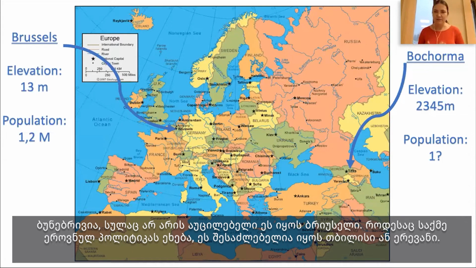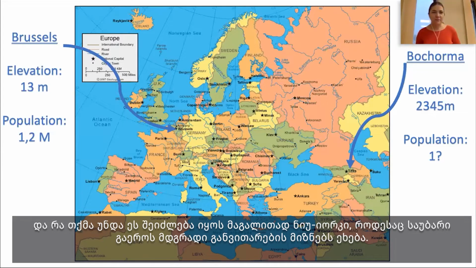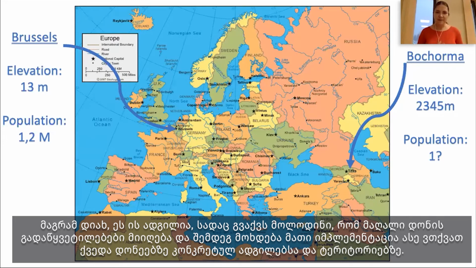It can be Tbilisi, it can be Yerevan when it comes to national policies, and of course it can be, for example, New York when it comes to UN Sustainable Development Goals. But yes, this is the place where we expect that high-level decisions are made and then implemented on the, so to say, lower levels of places and territories.